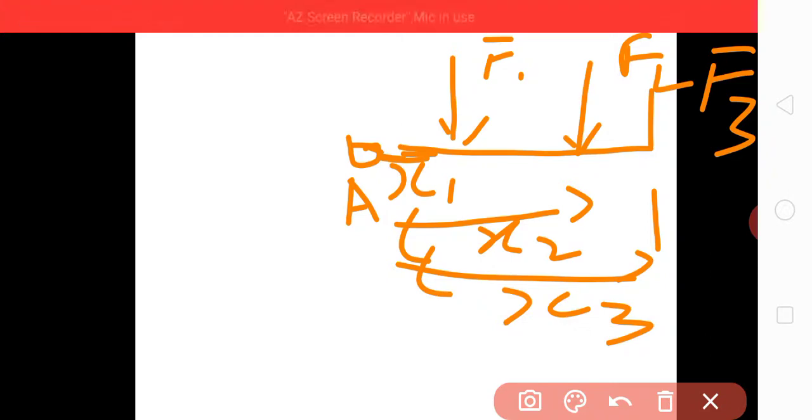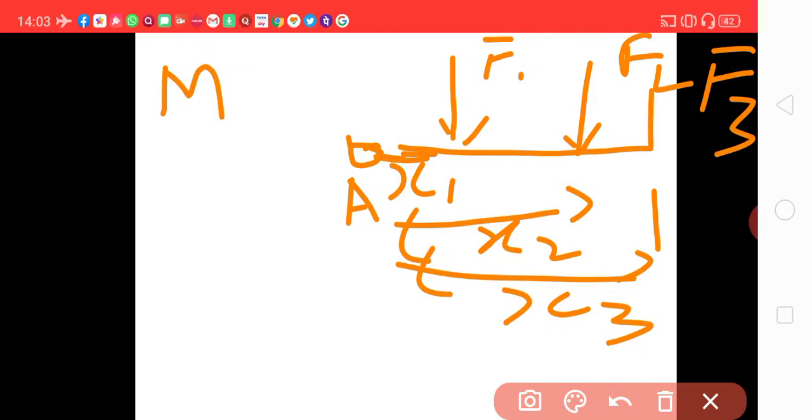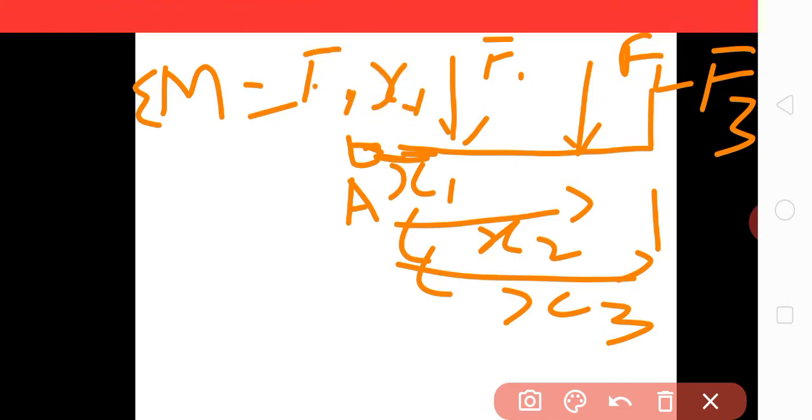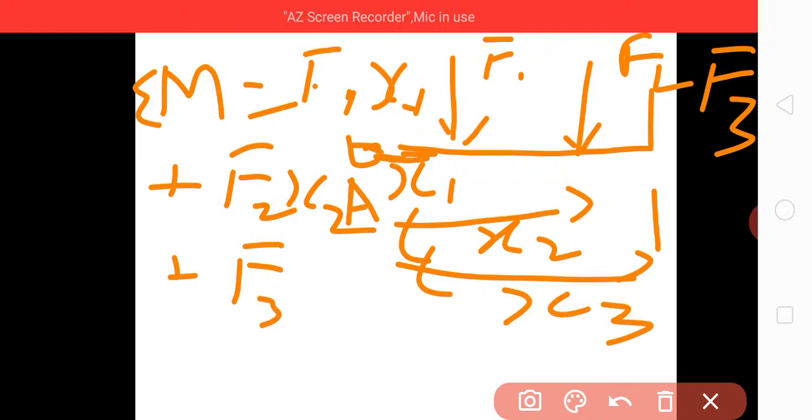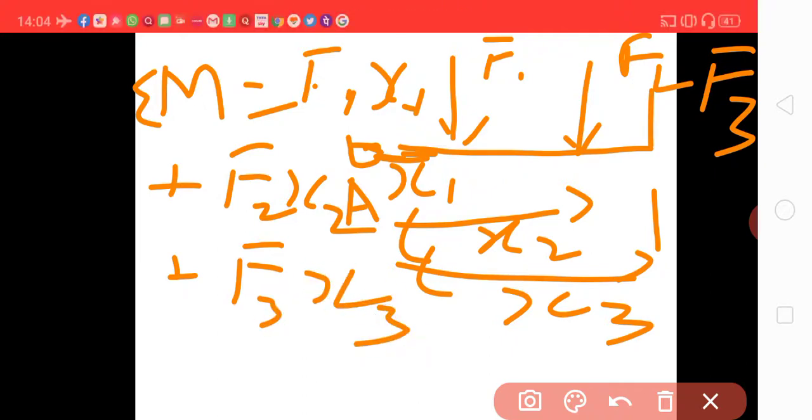Then the sum of their moments about A will be F1 x1 plus F2 x2 plus F3 x3. I have chosen vertical forces only so that you will be able to get a feel with a little effort.